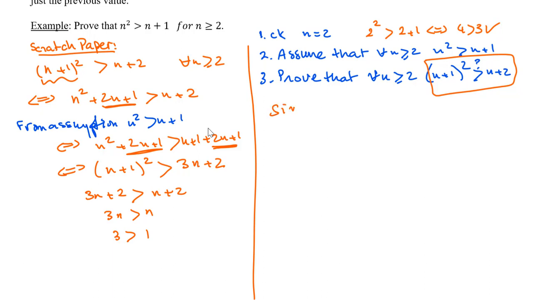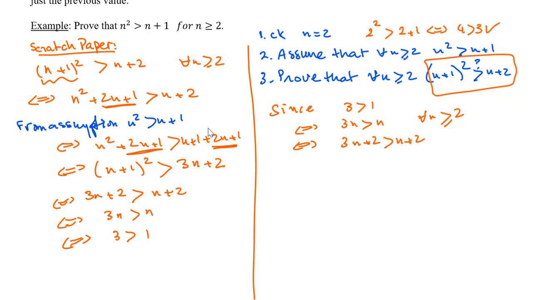Since 3 is greater than 1, which is equivalent to stating 3n greater than n, multiplying both sides by n greater than or equal to 2, which is equivalent to stating that 3n plus 2 is greater than n plus 2. This is all logical. I add 2 to both sides. So I'm cheating. This is what the scratch paper helped me with. Not cheating, but I'm going backward with this equivalent relationship, because to get to this goal, we will use something logical.